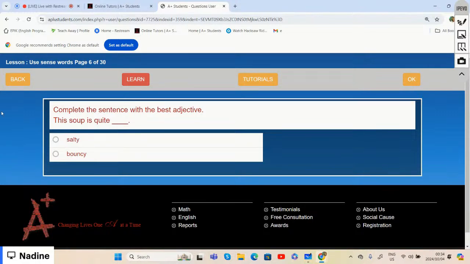And if we were to choose the correct option, then yes, we can say that the soup is quite salty. So well done. Salty is correct.